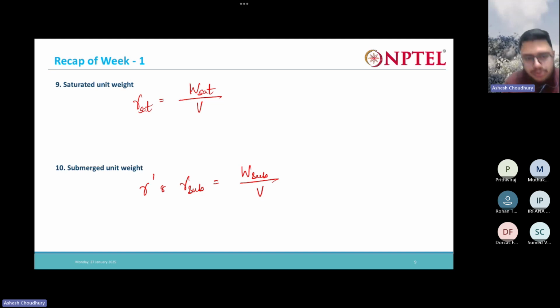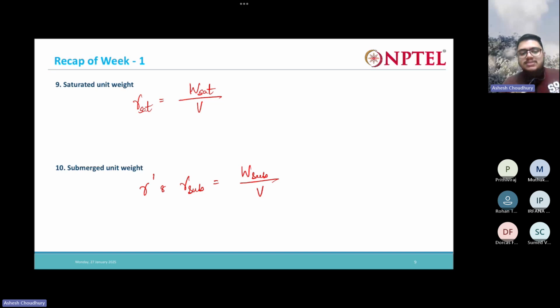So what does submerged unit weight mean? Say you submerge any object in water. So what is going to happen? You will have an upward buoyant force acting on that object, right? Due to which the effective weight of that object is going to reduce, right? Due to the buoyancy.